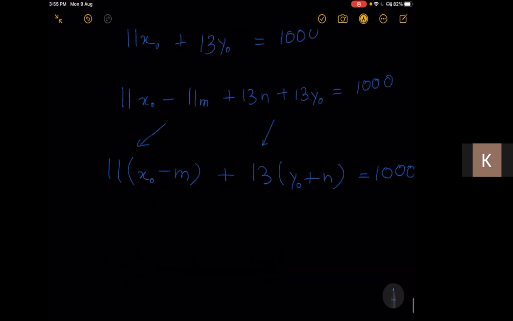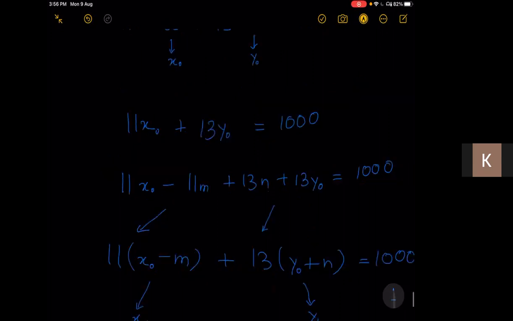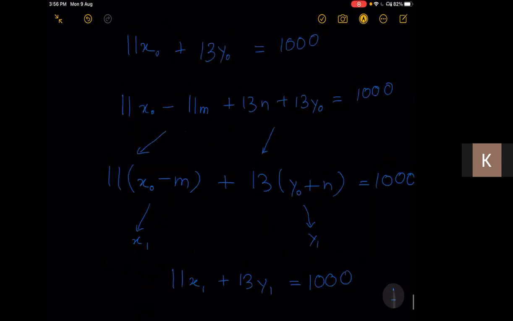So I can call this x1, this y1, then 11x1 plus 13y1 also would have been 1000. Basically, I am adding and subtracting things so that I can take 11 and 13 common and make these new solutions.